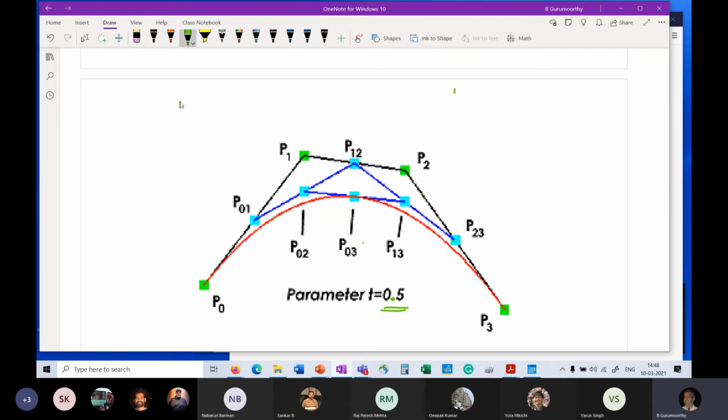Right? So on the one hand, I have this n factorial by n minus i factorial by i factorial, sorry. And then you have these powers here, 1 minus u to the power n minus i, u to the power i. Now, those of you who remember what these factorials are will know that 0 factorial is very awkward.